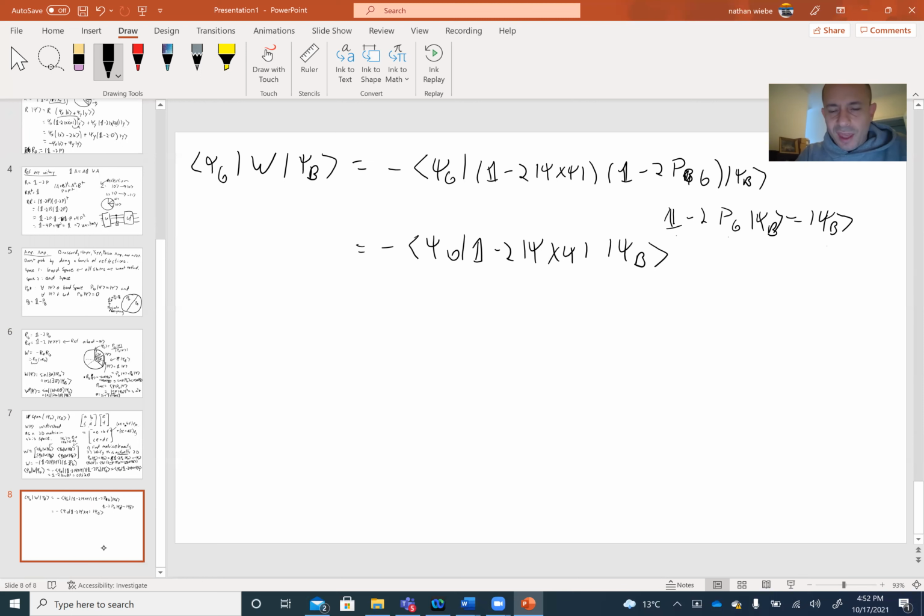So the next stage, we just have to figure out these inner products. Well, this inner product, let me just expand it through. I think that'll be easiest for you to understand.